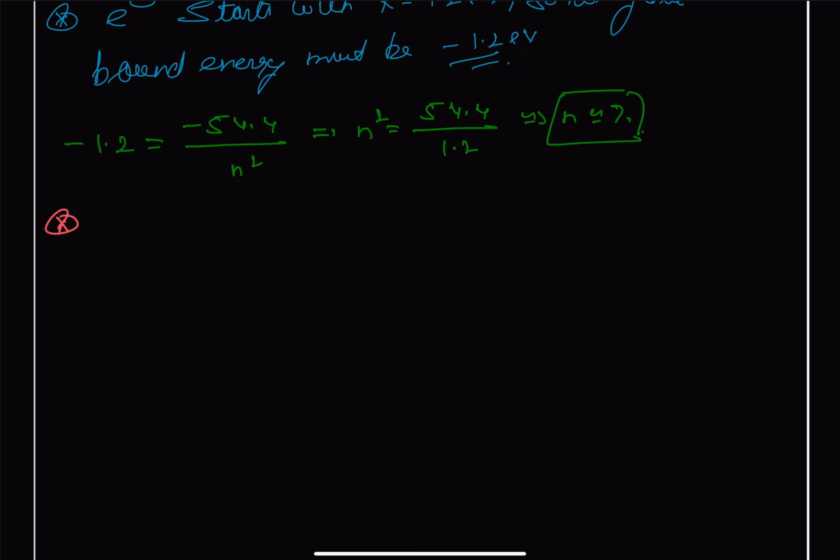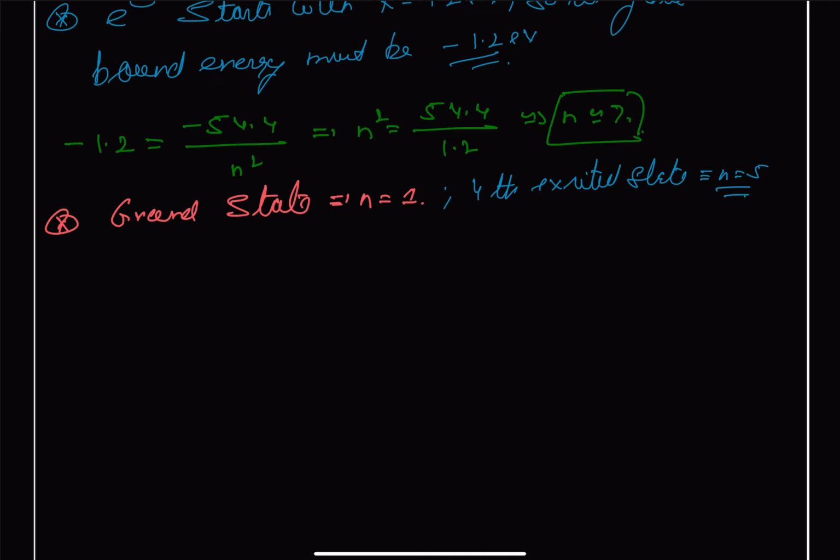So we know that the ground state is our value of n equal to 1, and the 4th excited state gives us that the value of n is equal to 5.